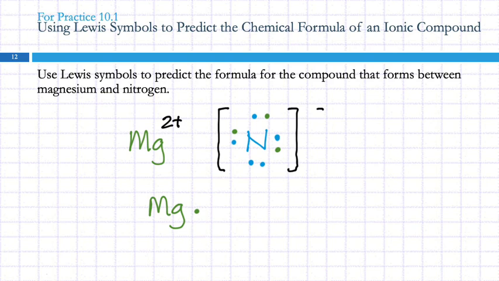So nitrogen's going to bum an electron off of this magnesium. So now this nitrogen has a 3 minus charge. Is it happy? Yeah. Magnesium now has a plus 1 charge. Is this magnesium happy? No, it needs to get rid of 1 more electron. Well, who are you going to give it to? You're going to find another nitrogen atom. So enter another nitrogen atom with 5 valence electrons.